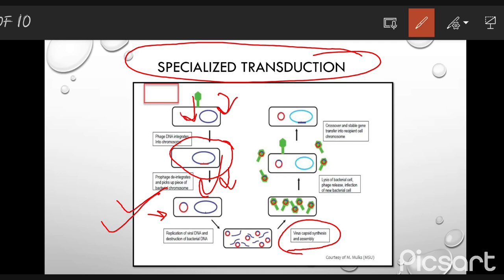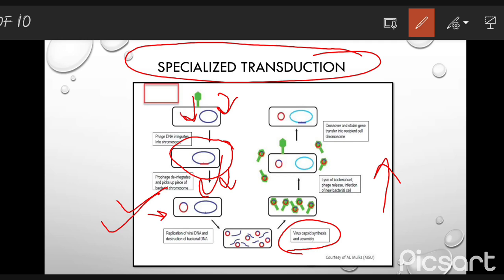Then cell lysis takes place when favorable conditions occur, or else the cell can survive for a longer time period having the prophage inside it. After the cell lysis, crossover and stable gene transfer into the recipient cell chromosome takes place.